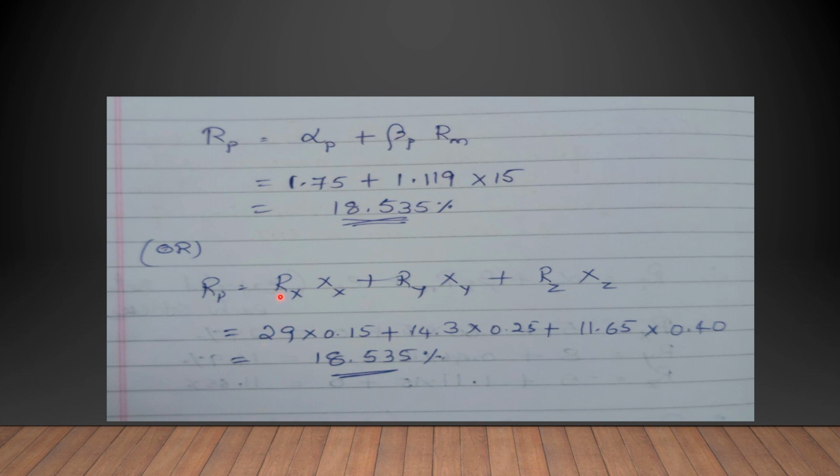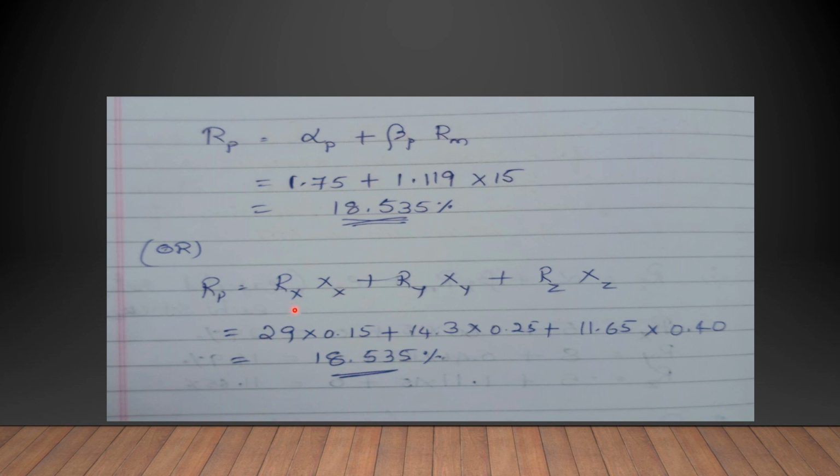Either you can take this formula or that one. Just directly put the values here, that is the return on X you found in the first part. Individually you found the returns of the stocks, that is 29%, 14.9% and 11.65%.